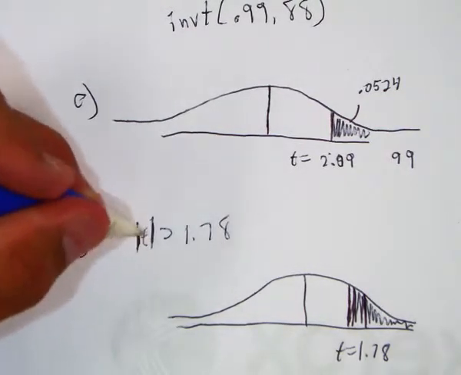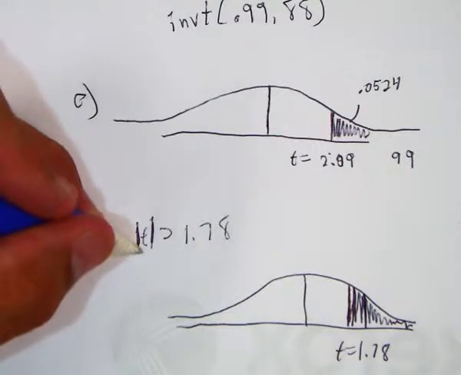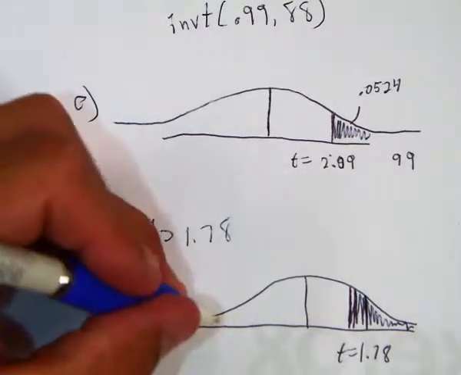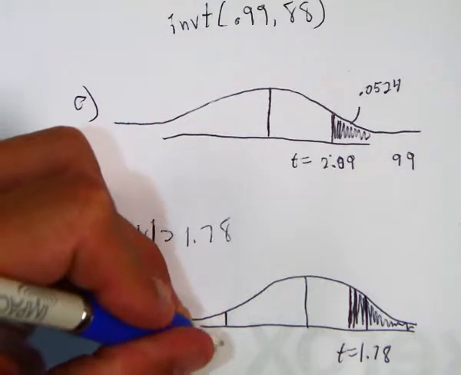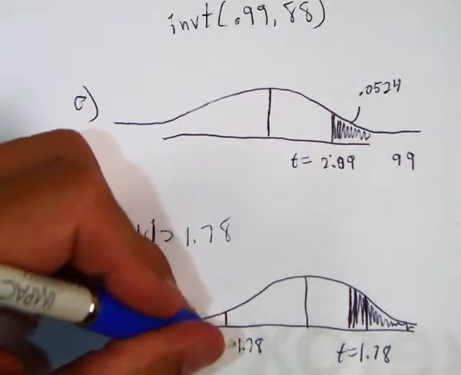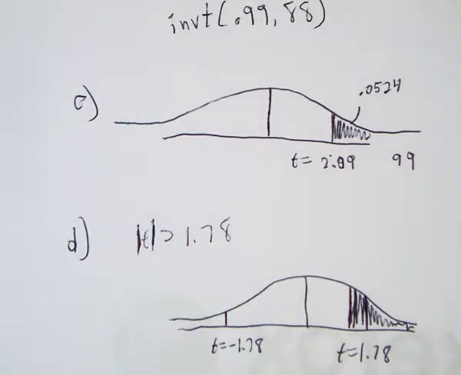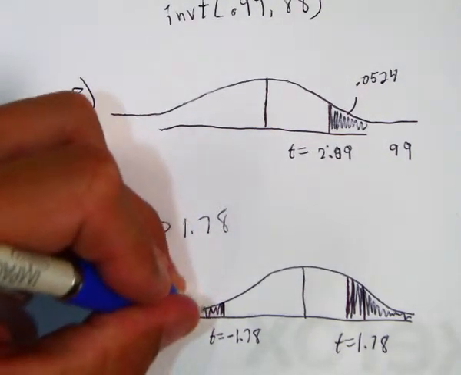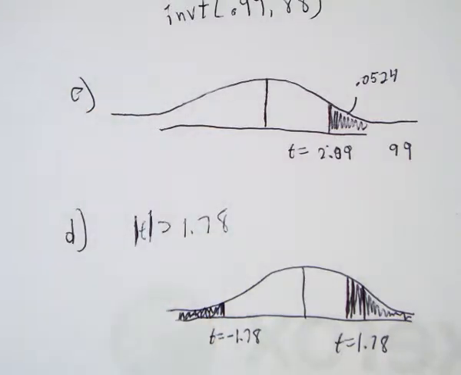So the absolute value of positive t is t, okay? And the absolute value of negative t is also t. So really what that means is if I was to do t over here, and I was to take the absolute value of it, I would get a positive 1.78. So all that means really is it's another way of saying it's a two-tailed test.